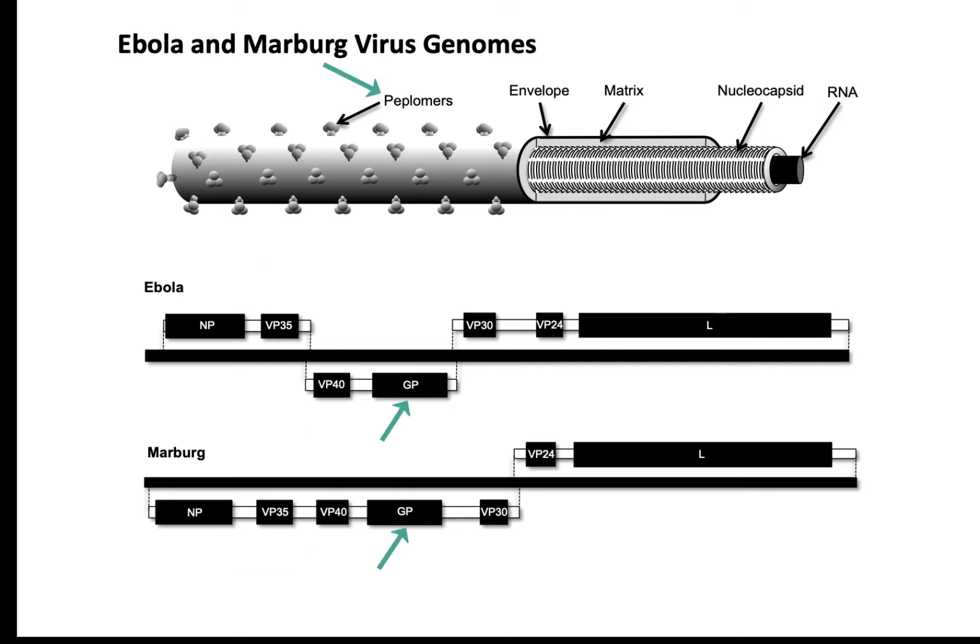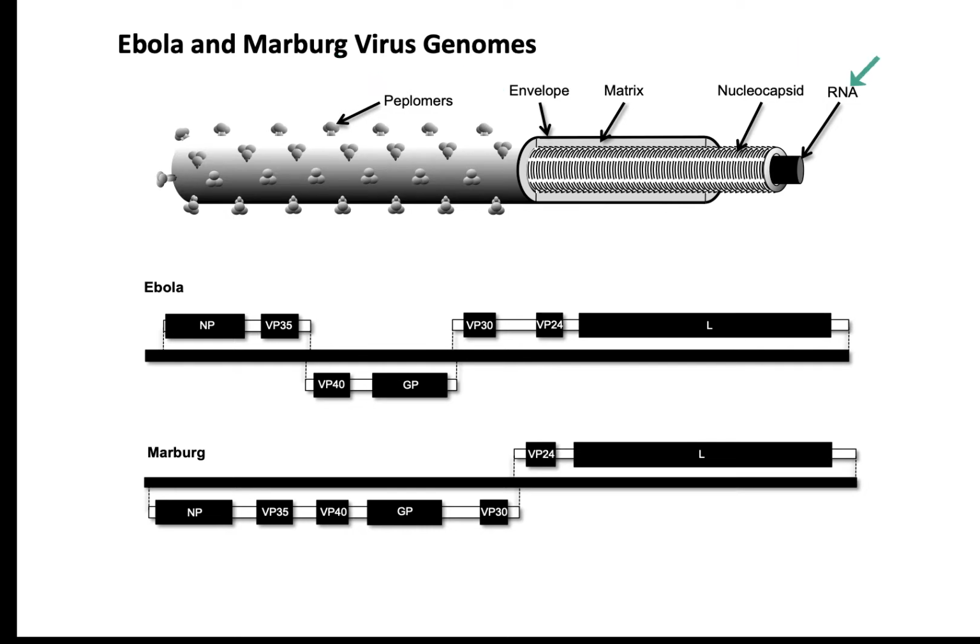The GP is a glycoprotein, that's the peplomers on the outside, and then the L there is the RNA-dependent RNA polymerase, the RDRP, that's used by the virus to make new copies of itself. There's the form of the virus, the peplomers on the outside that interact with the cell surface proteins, the envelope proteins, matrix protein, nucleocapsid, and RNA.